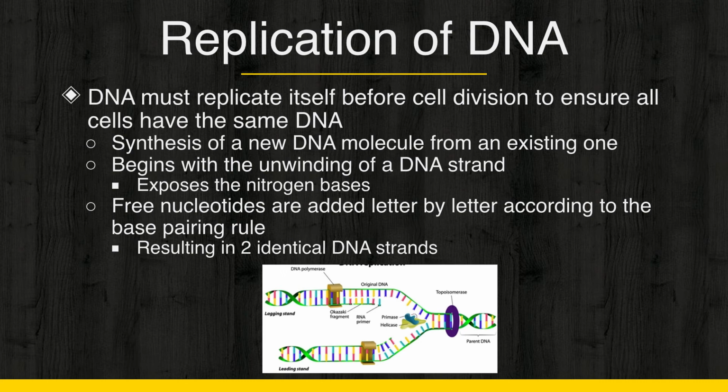So DNA replication is basically the synthesis of a new DNA molecule from an existing one. It begins when the DNA strands are unwound and unzipped, exposing those nitrogen bases, and free nucleotides are added letter by letter according to the base pairing rules to result in two identical DNA strands.